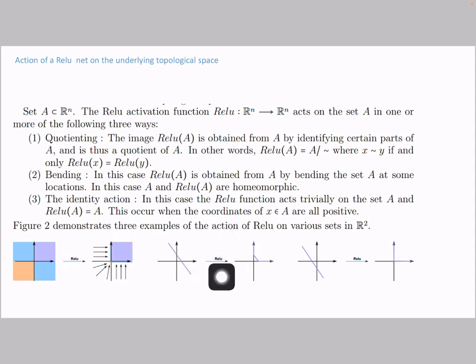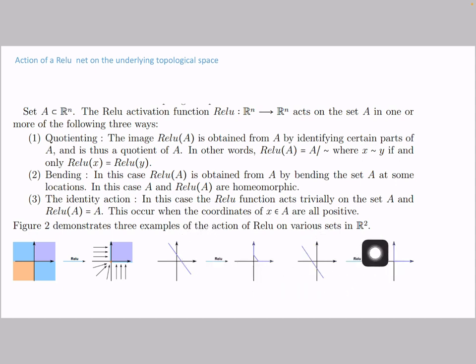The second part is that the two spaces are homeomorphic. The ReLU function here just bends part of the space. And the third case, which is not mentioned here: if the space is entirely in the positive quadrant, then the ReLU activation function is just the identity.